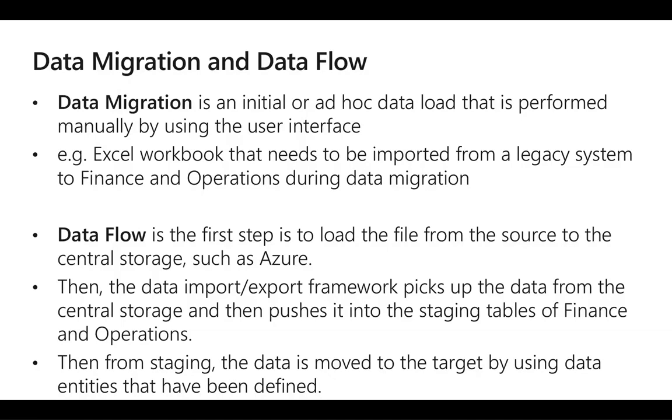Then, from staging, the data is moved to the target by using the data entities that have been defined. The flow of the data can be done either row by row or by using a set-based approach of data entity for the entire underlying tables for each data entity. The sequence and the order in which the target tables will be populated can be controlled by using the sequencing entity feature of finance and operations.